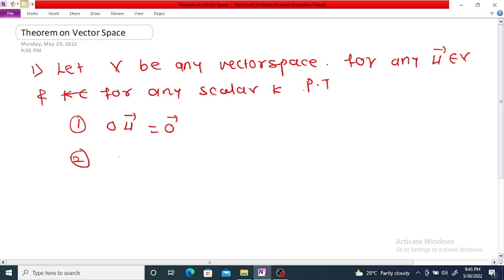Number 2, alpha into 0 bar is equal to 0 bar.